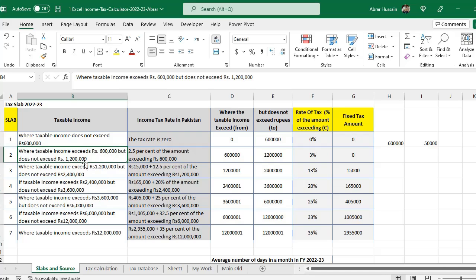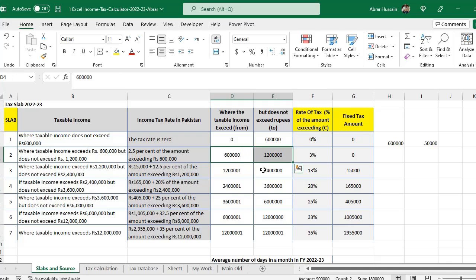Now, if your income is between 600,000 and 1.2 million, which in Pakistan we say 6 lakh up to 12 lakh, for that there is 2.5% of the amount exceeding rupees 600,000. If your salary is above 600,000 and up to 1.2 million, you will have to pay 2.5% of the amount exceeding rupees 600,000.